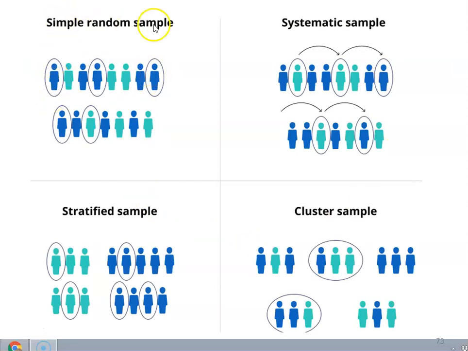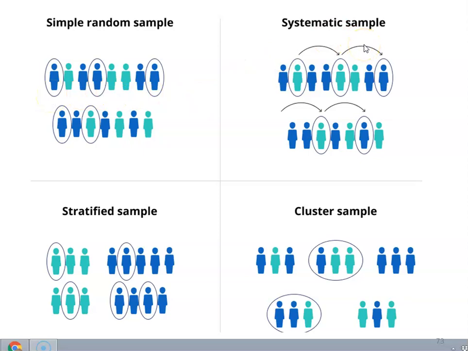In simple random sampling, what you do is that you first of all list your population, give a number to every individual in your population, and then by lottery method or balloting or computer generated random numbers, take out random numbers and those numbers should be included in your sample.